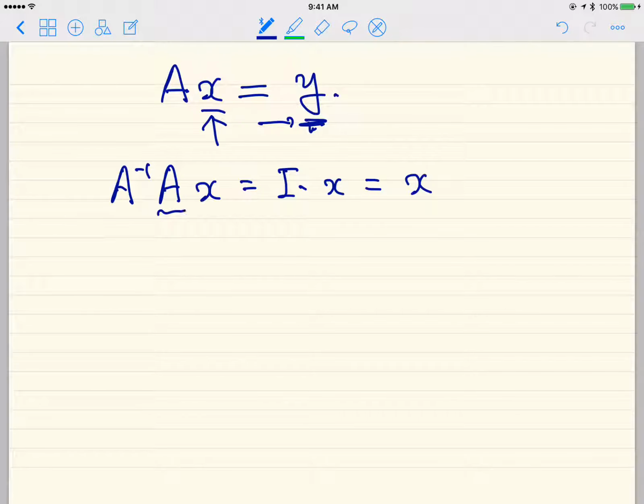So if A transformed our vector in a certain manner, and we can find some other matrix that can reverse that effect, so that this vector becomes the original vector, in that case we can call this matrix the inverse matrix of A.